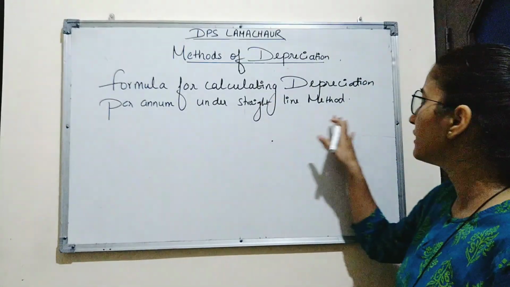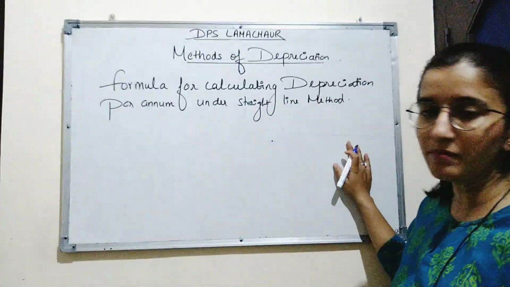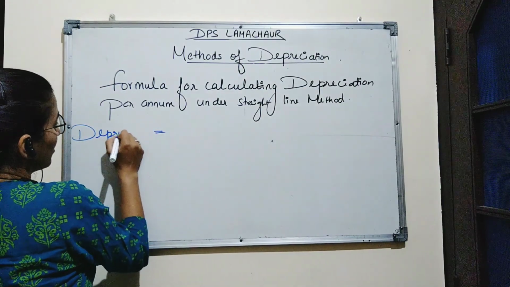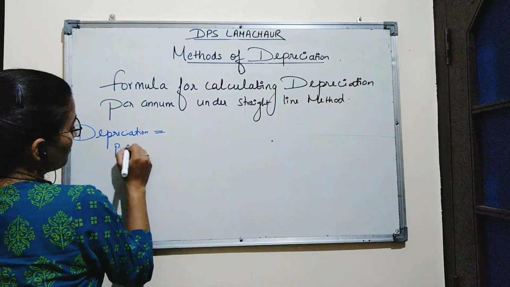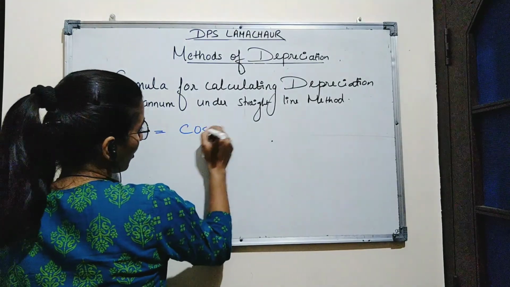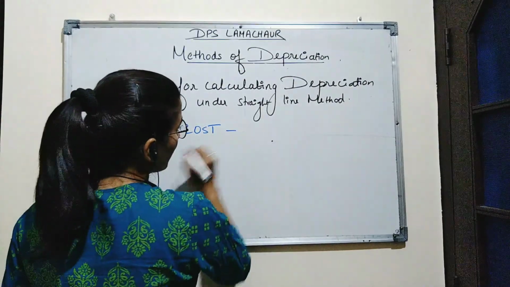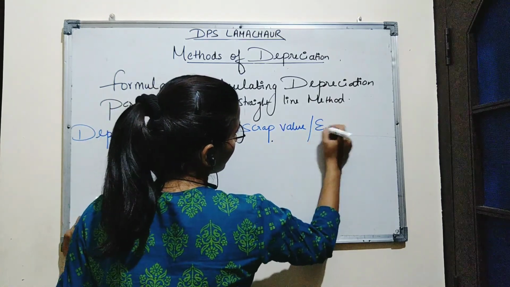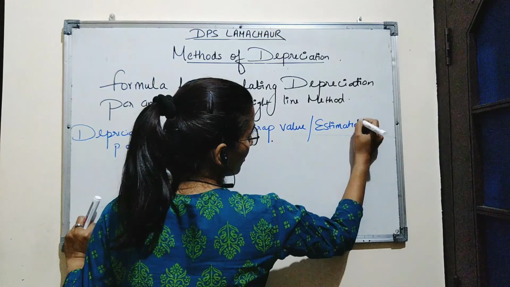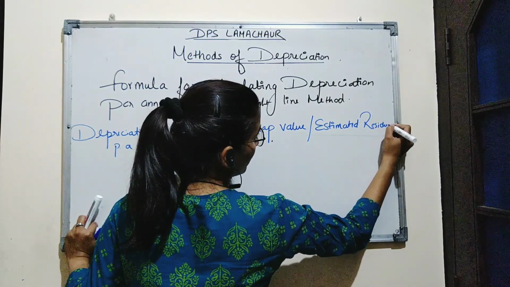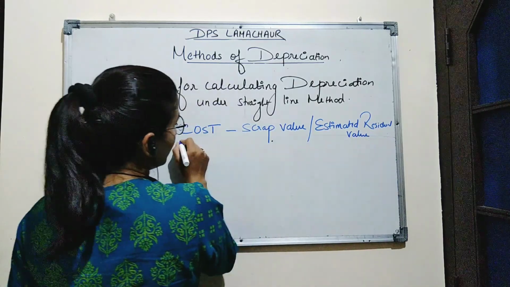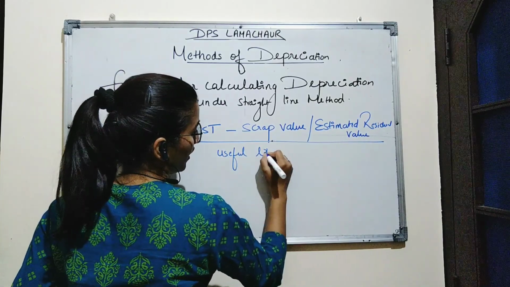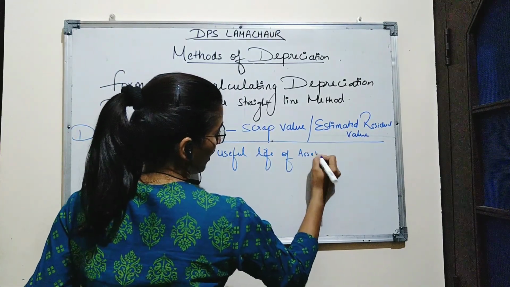Now formula for calculating depreciation per annum under straight line method is depreciation per annum is equal to cost of asset minus scrap value, or we can say estimated residual value, divided by useful life of asset.